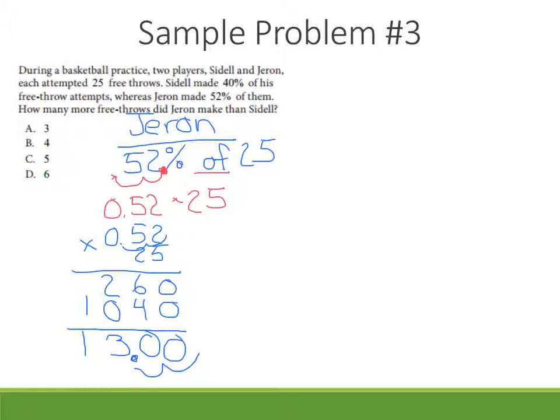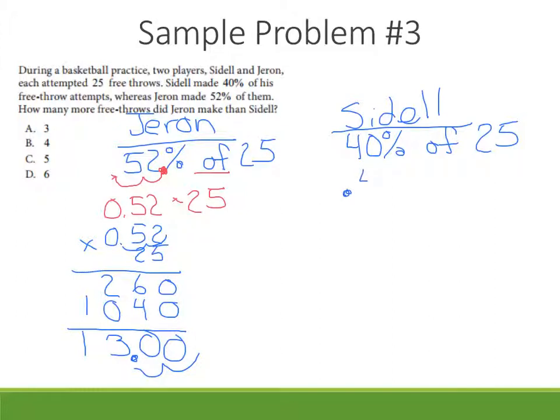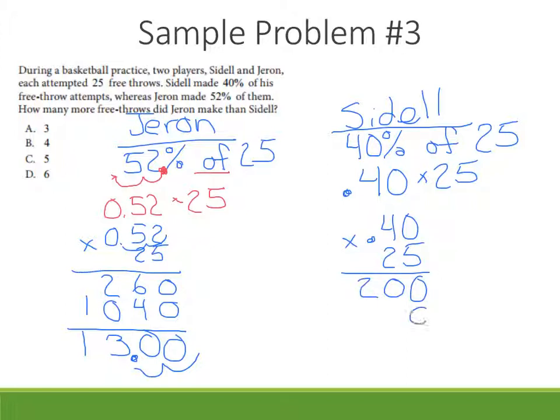Next let's look at Sidel. He made 40% of the same number, 25. So that's going to be 0.40 times 25. When we do that multiplication, placeholder, then 2 times 0 is 0, 2 times 4 is 8.